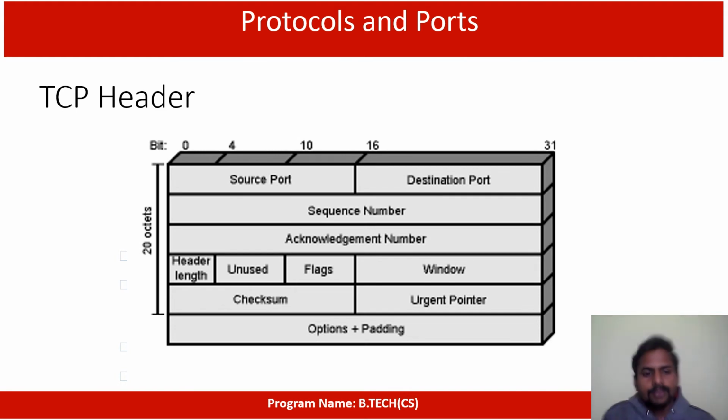The next one is the TCP header. We know that it is looking for only the port, and it will find out from which port the data is coming. Because if I am delivering some data, it needs to understand from which service that data is delivered. In the TCP header we can see that it contains the source port and then the destination port.